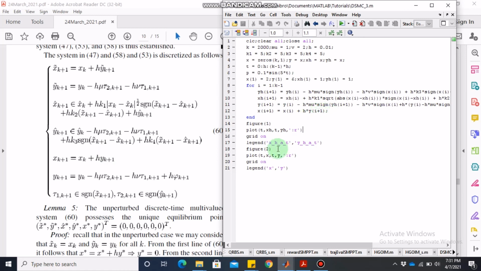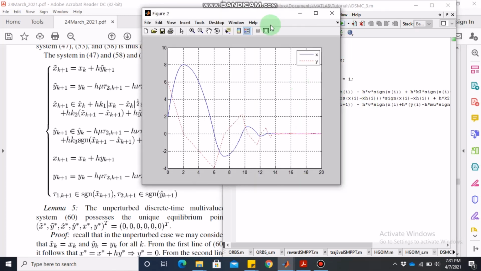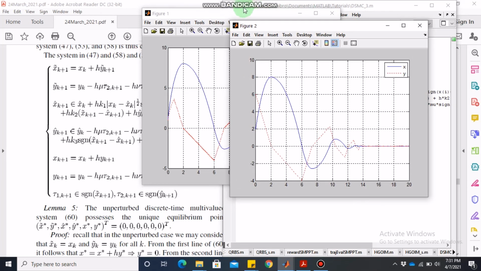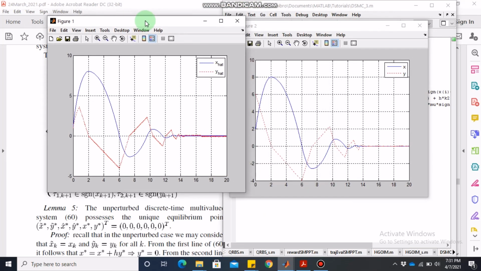Once you're done, you can plot t versus x hat, t versus y hat, t versus x, and t versus y, and we can run this. You can see the results here, all the states and their estimates.